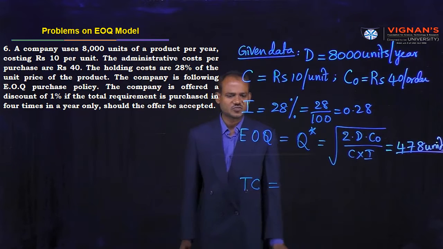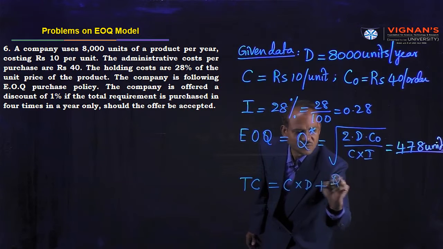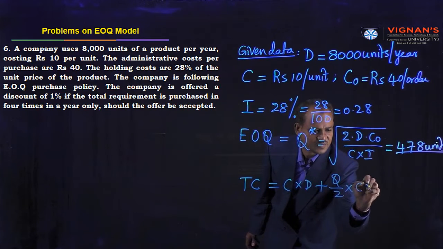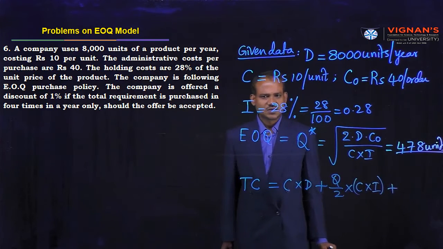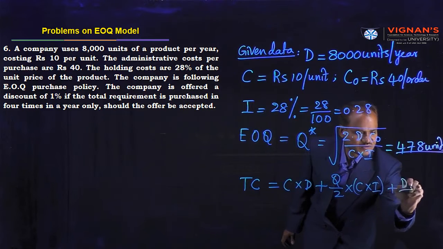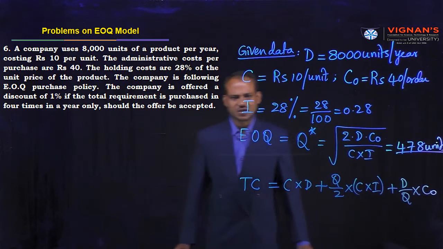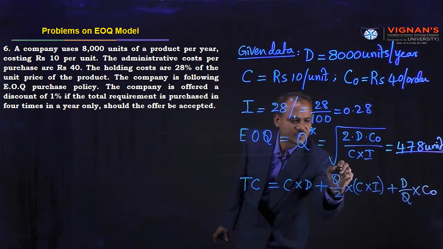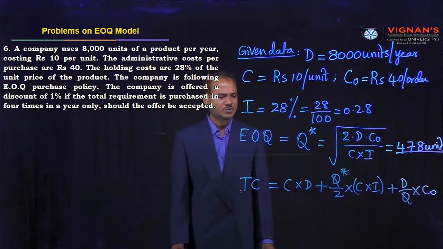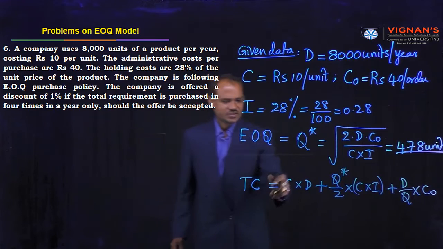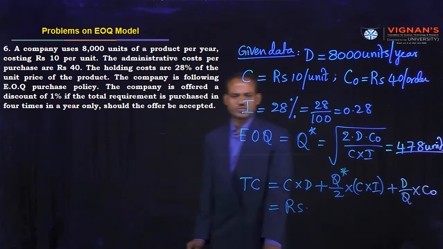Everybody knows the total cost formula: C into D plus Q by 2 into CC, where CC is nothing but C into I, plus total ordering cost, D by Q into C naught. So this is the total cost formula. In place of Q, substitute Q star. Star indicates optimum. Every value we know. Finally, you will get total cost.